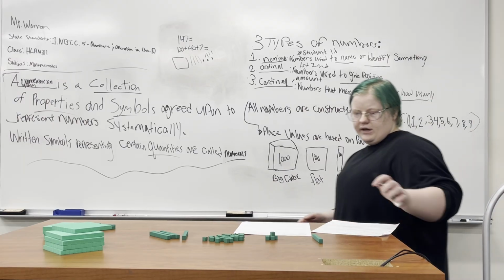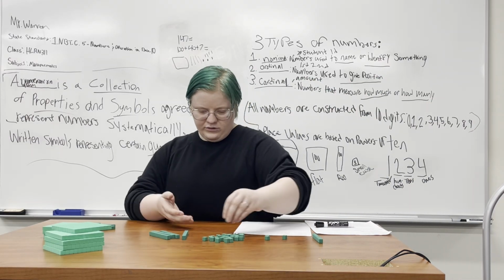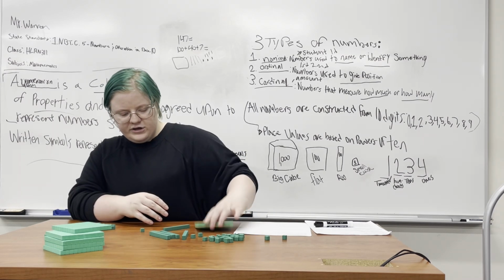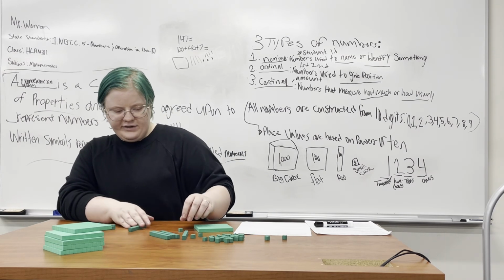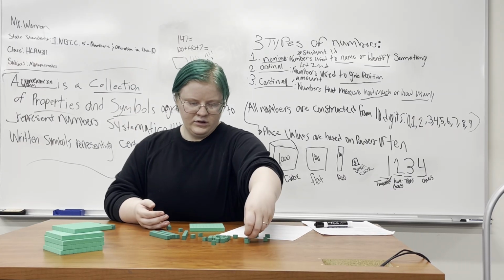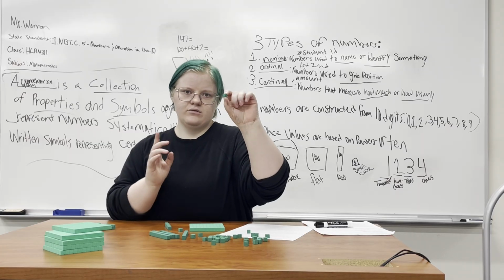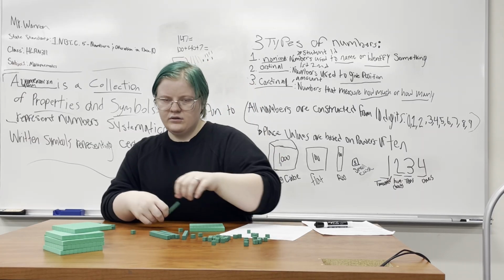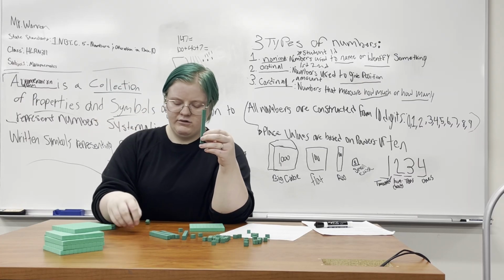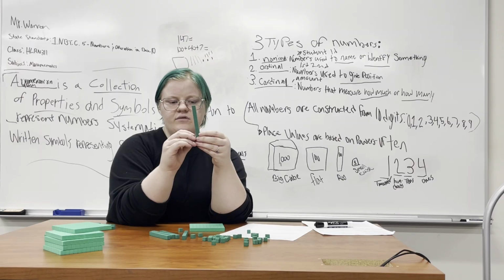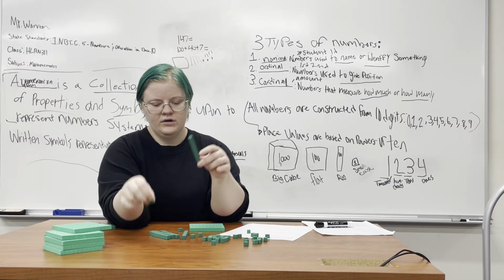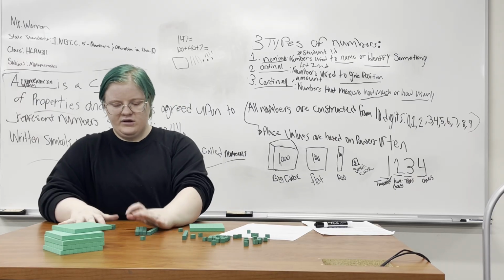Now let's go back into our actual physical representatives. We have rods, small cubes, and flats. These little guys are our ones. Each one represents 1 unit, or just the number 1. These are our rods, and they each represent 10. If you put 10 ones together, you can see the lines, they're made out of 10 ones, and so those represent 10.